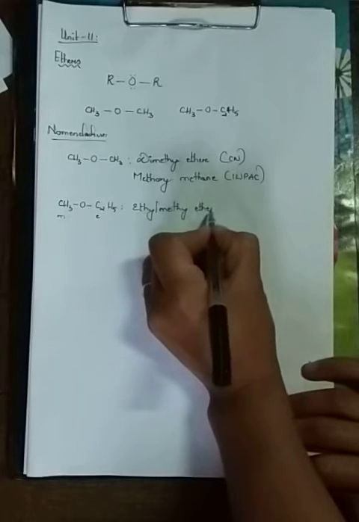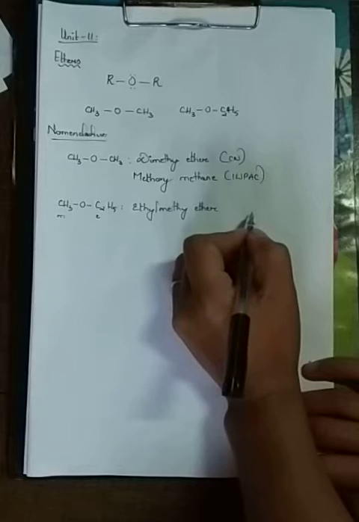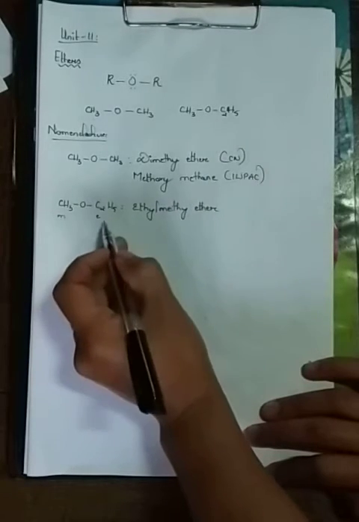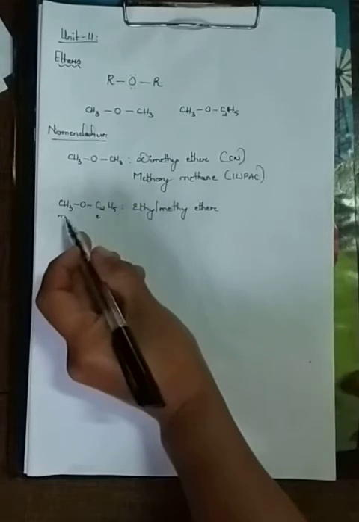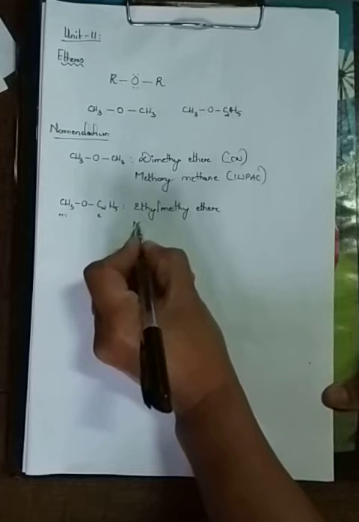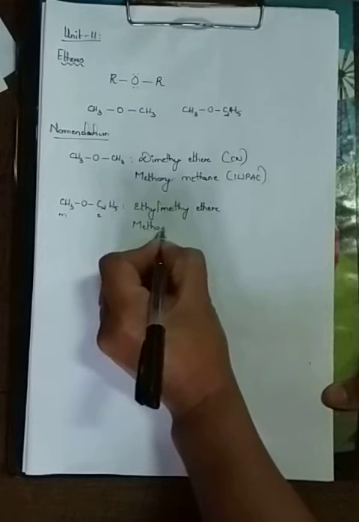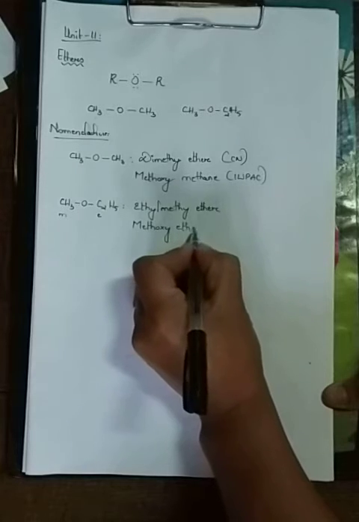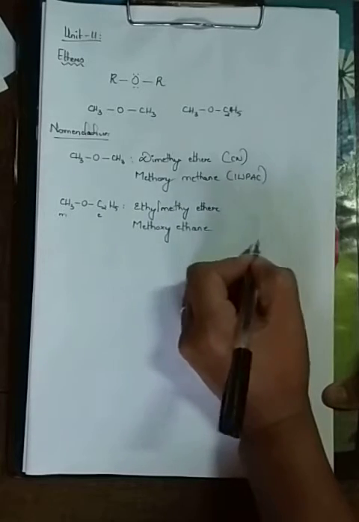This is the common name. The IUPAC name here will be, this is our methoxy, this will be ethane. The alkyl group with the lesser number of carbon atoms will get the functional group name, that is methoxy, and then the two carbon atoms, so it will be methoxyethane.